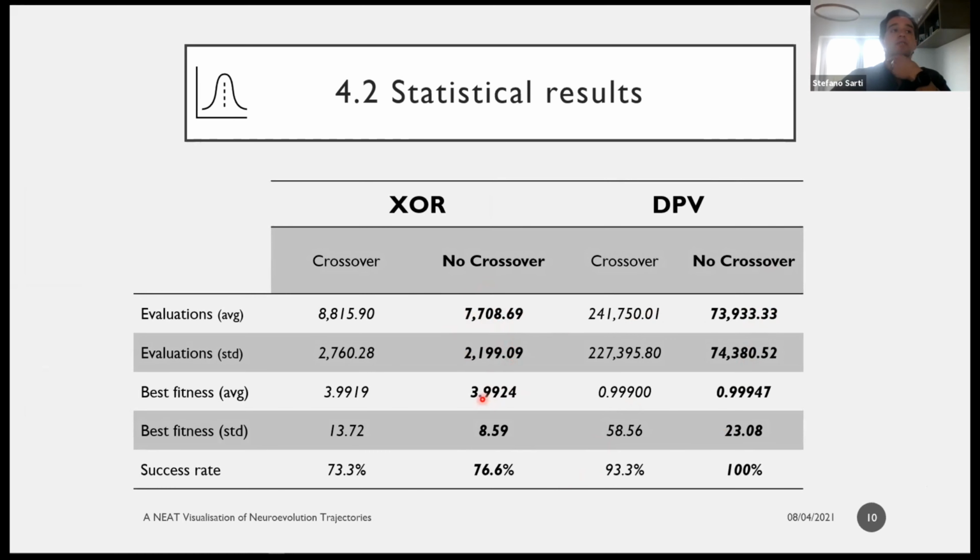When we look at the best fitness, it is marginally higher, and the success rate as well indicates that more runs reach the solution, the fitness threshold. For instance, here it's a total of 100% that reach the solution.